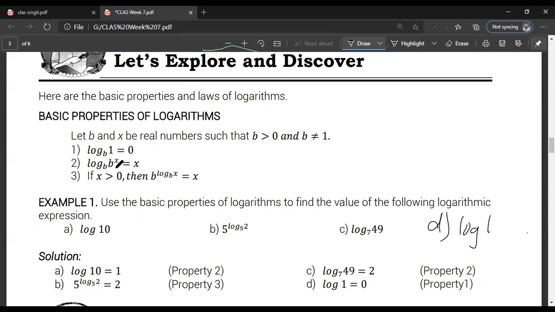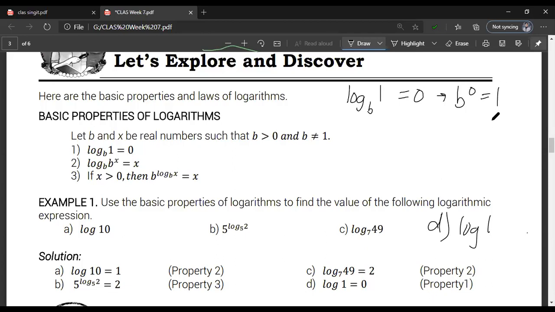Logarithm of 1 with the base b is equal to 0. Saan to nanggaling? Kasi po, di ba, pag nire-write natin ito, magiging b raised to 0 is equal to 1.